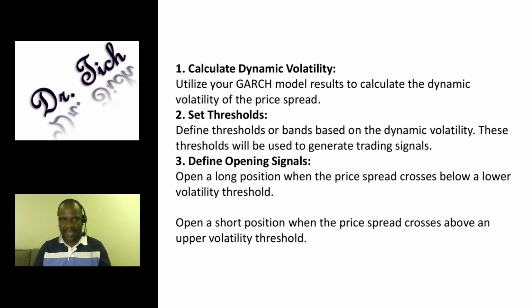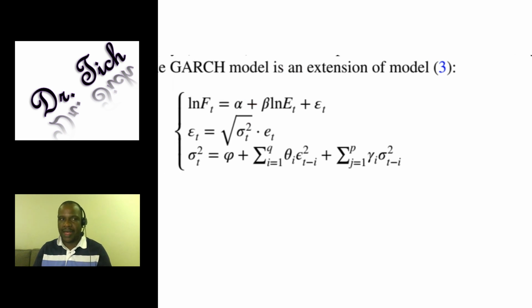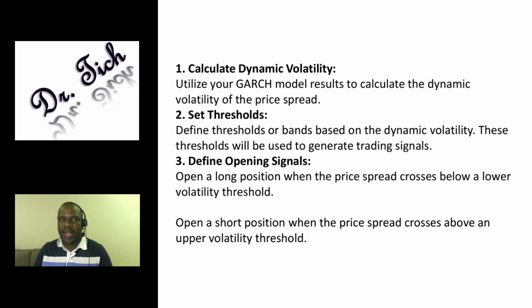Volatility. So from our GARCH model, which is this model that we've got, an extension of model 3, we get this volatility, and we are going to utilize the volatility to set thresholds.